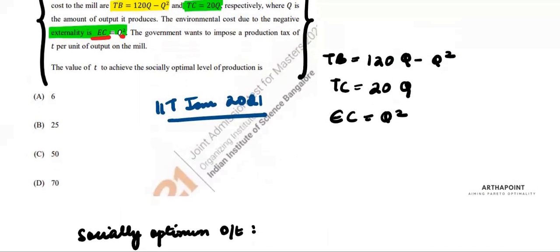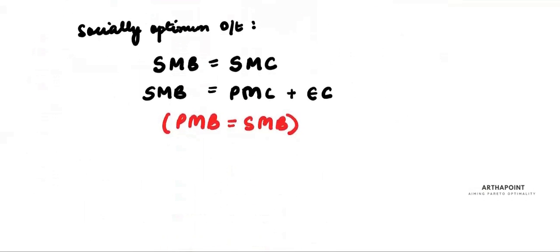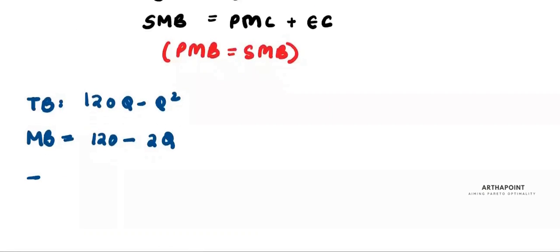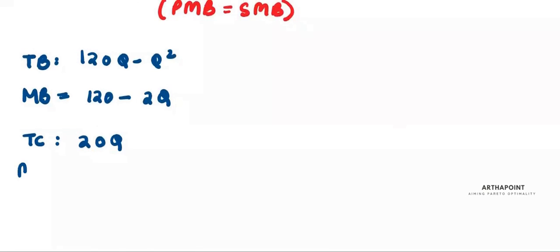So I will assume that TB, the total benefit, and the private benefit are the same. The total benefit is given to you as 120Q minus Q square, so the marginal benefit would be 120 minus 2Q. The total cost is given to you as 20Q, so the marginal cost, this is private, will be 20.